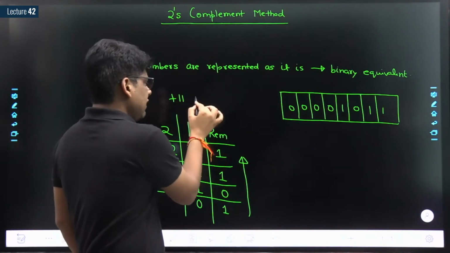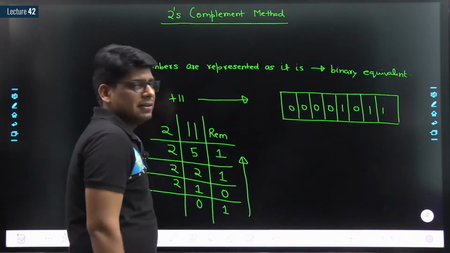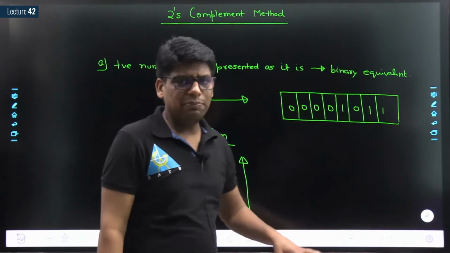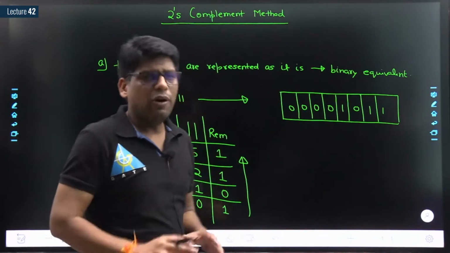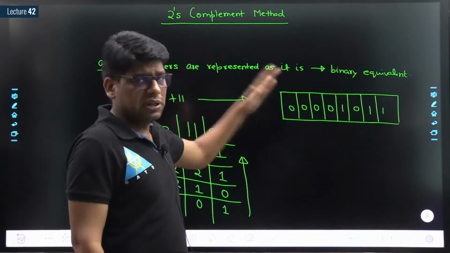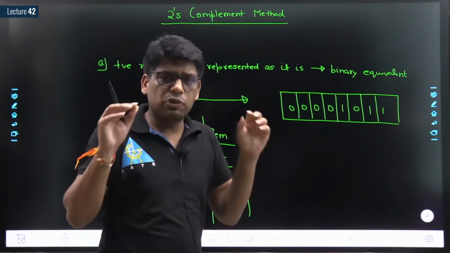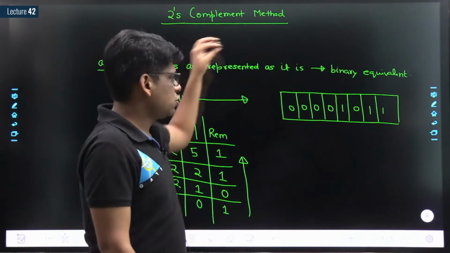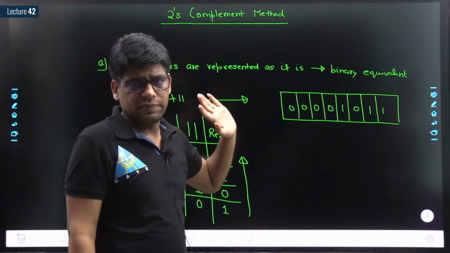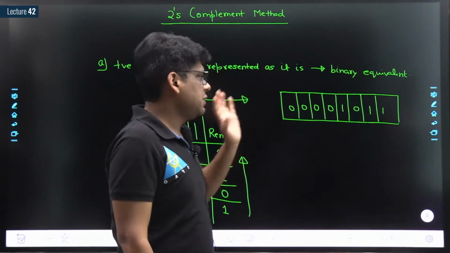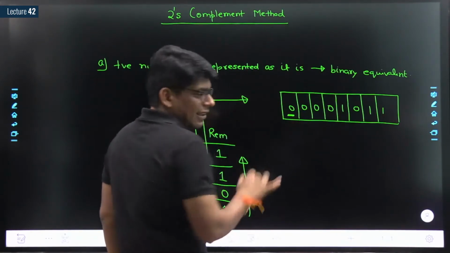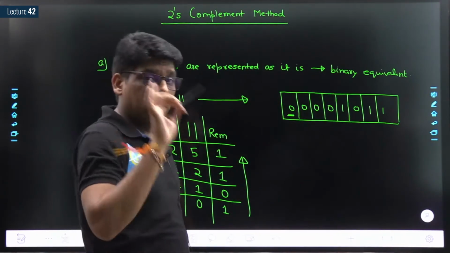So how is plus 11 represented like this? The sign bit is still the same. Yes, because for a positive number, we are not doing anything. We are just storing it as it is. Still, the MSB is 0 for positive numbers.